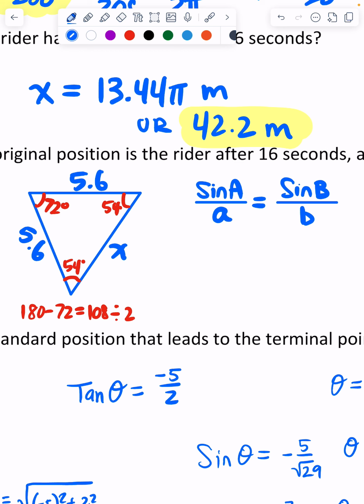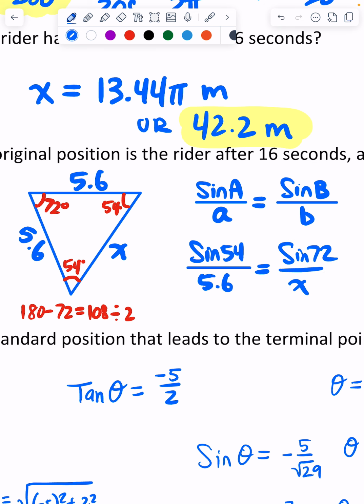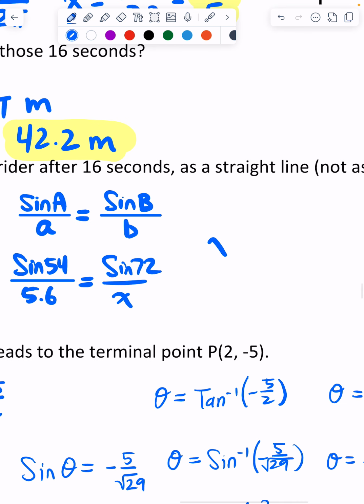So I'm going to do this one here: sine of 54 over 5.6 is equal to, I'm going to use this one because our variable's in there, sine of 72 over x. To solve this, x equals 5.6 times sine 72 over sine 54.